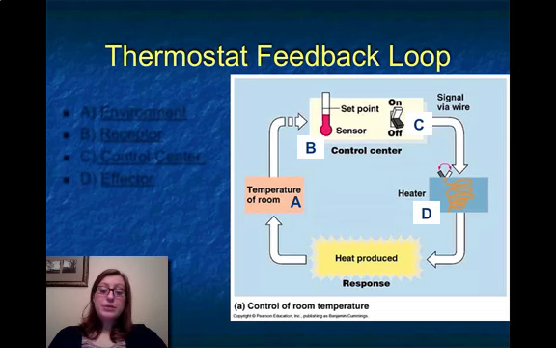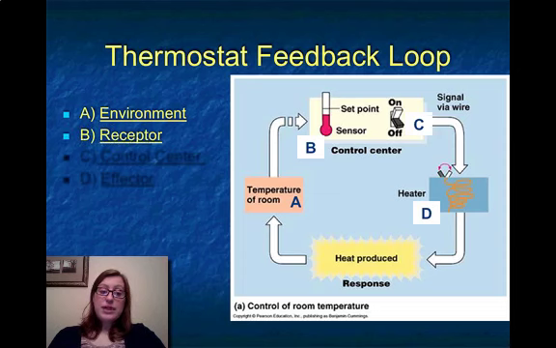All right, the temperature of the room is going to be our environment. If that changes, then it's that stimulus. It's going to cause something to be adjusted. So then there's going to be a receptor, right? The fact that our temperature has changed needs to be received by the sensor, which is in the thermostat. Okay, once the sensor has been triggered, so to speak, then the control center, that is sort of the brains of the machinery, decides whether we need to turn the heat on or off.